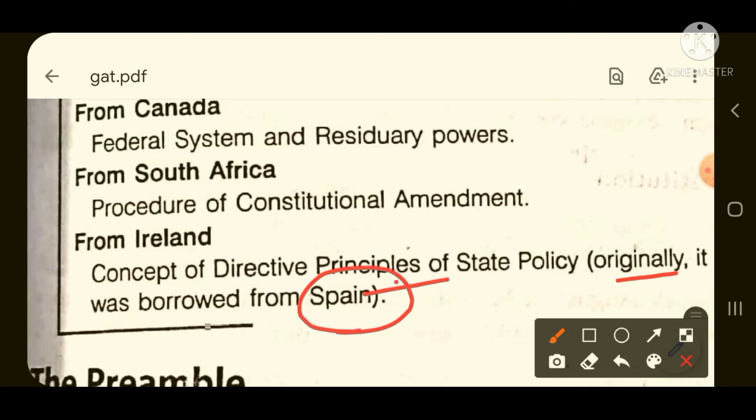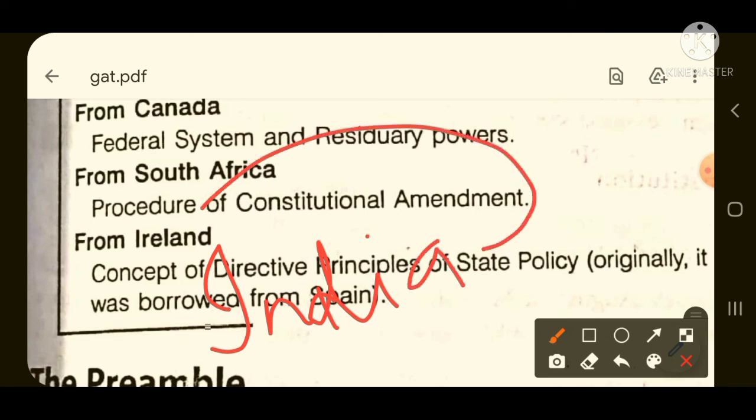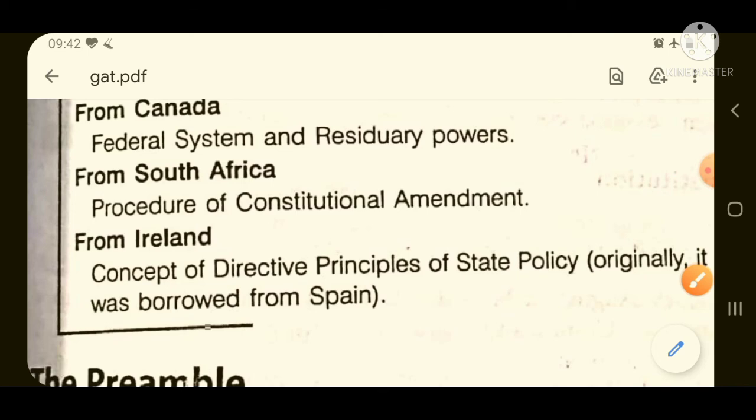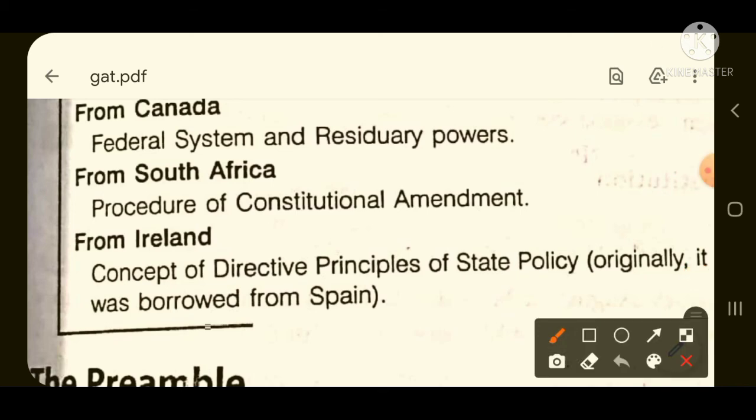After Spain, Ireland borrowed the same directive principle, and similarly India borrowed it not from Spain but from Ireland. Ireland is very important in terms of the directive principle of state policy. But if the question asks from which country Ireland borrowed the directive principle, then the answer will be Spain.